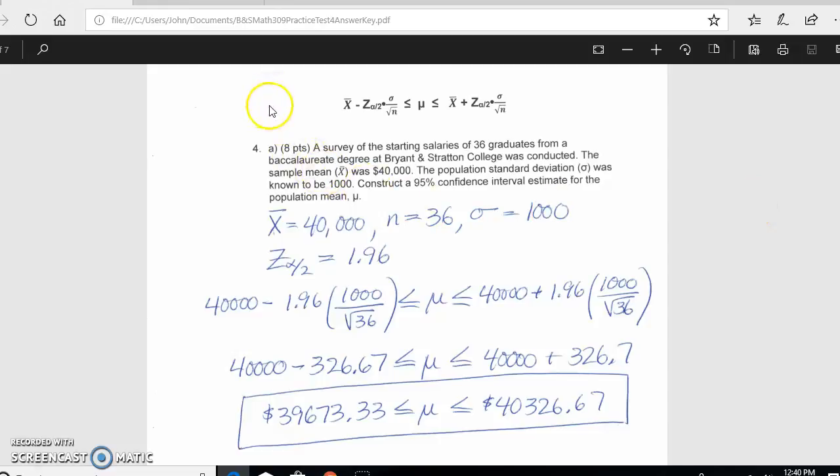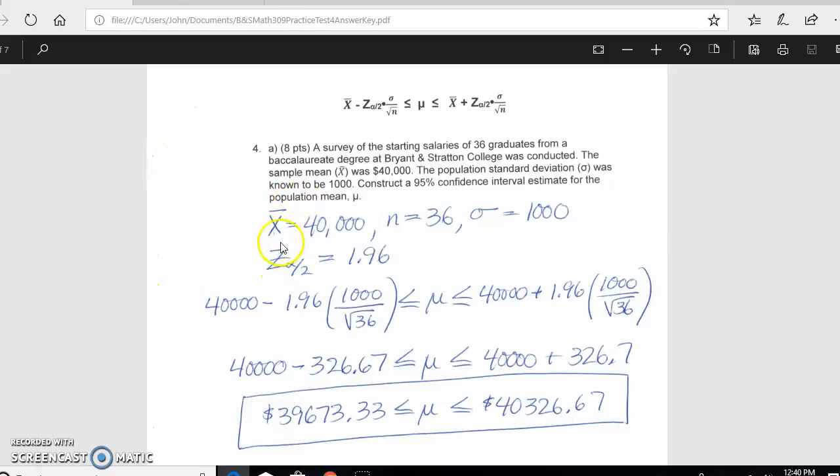We have the formula here at the top of the page, and you have mu, the population mean, in the middle, and then you have the various quantities that you need to plug into this formula to estimate your 95% confidence interval.